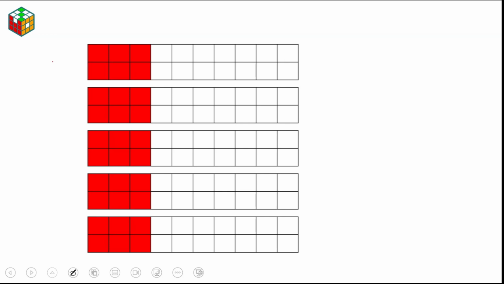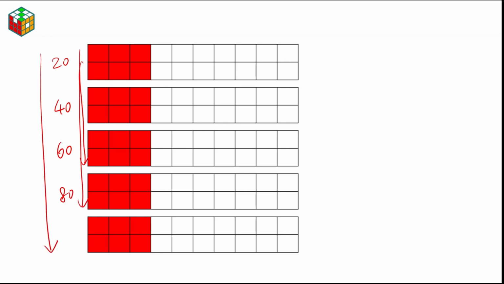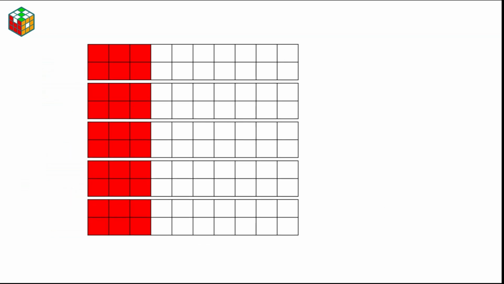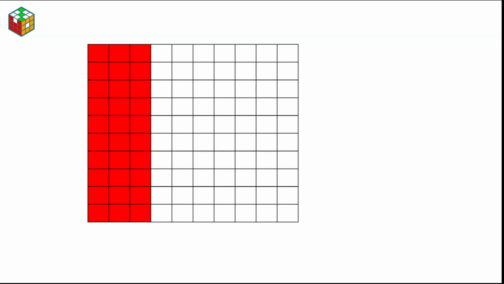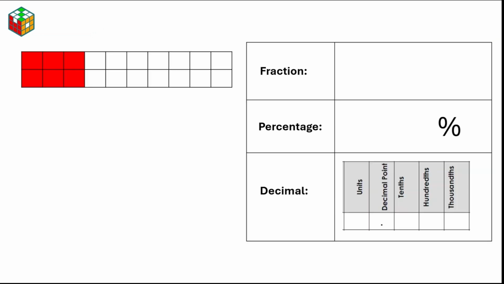I have 20 boxes, 40 boxes, 60 in total up to here, 80 up to here, and all the way now I got 100 boxes. If I combine that, you will see I have now 30 out of altogether 100.